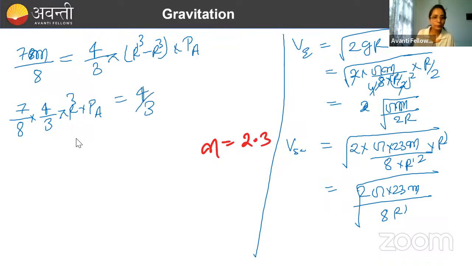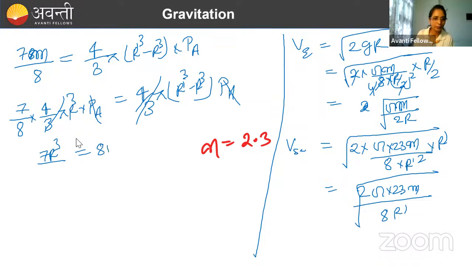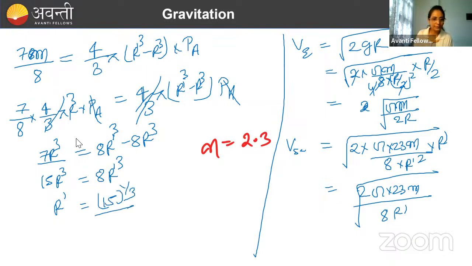So that is equal to 4/3 pi, r' cube minus r cube, into rho A. Now you cancel this: 4/3 pi cancelled, rho A cancelled, what is left with us? 7r³, let me take the 8 over here. So 8r' cube minus 8r³. Now how much will we be getting? This will become 15r³ equal to 8r' cube. Now what will be the value of r'? r' will be 15 to the power 1/3 divided by 2. So this is my r'.